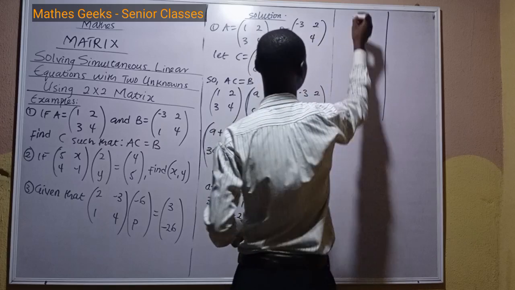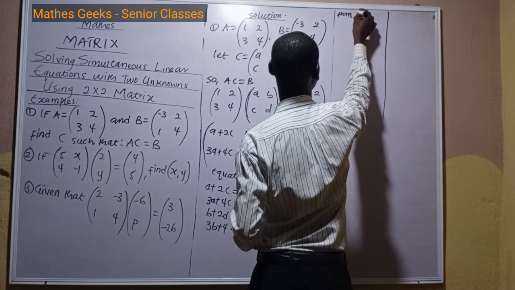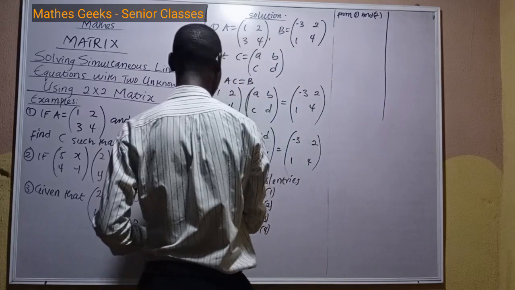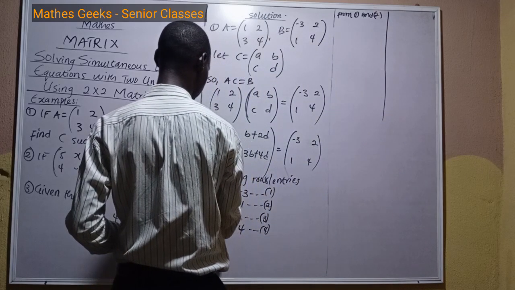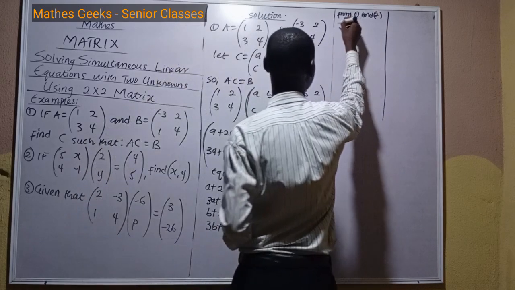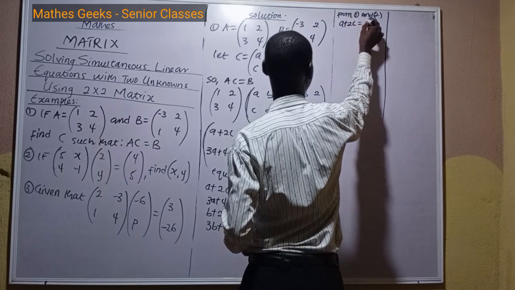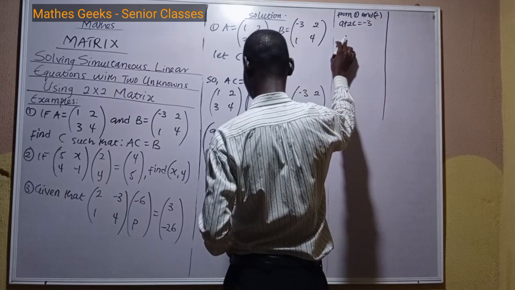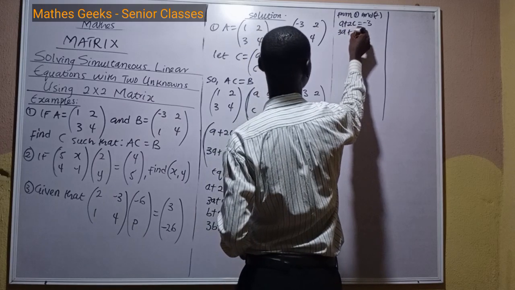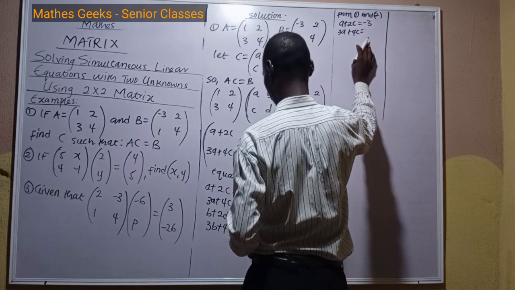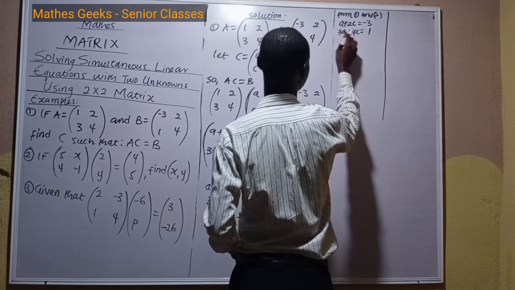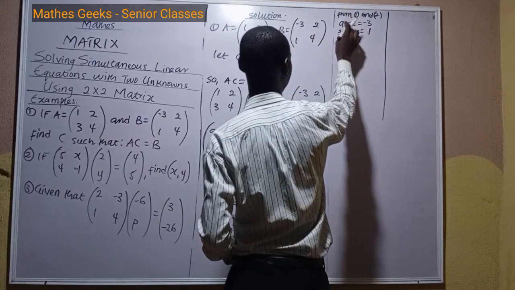Okay, so from 1 and 2, these have the same constants, a and c. So I'm going to say a plus 2c is equal to minus 3, and 3a plus 4c is equal to 1. So I want to eliminate a.